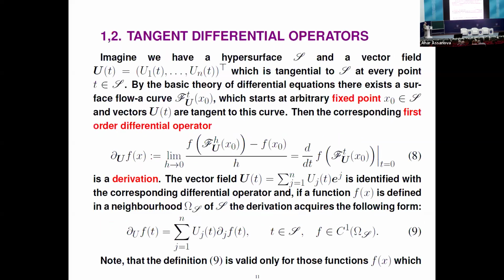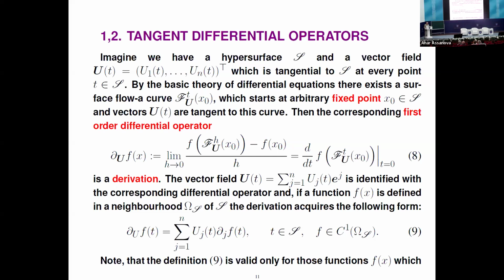Now we come to the topic of tangent differential operators. If we are on this surface, we cannot take derivatives in any direction. It's clear: if a function is defined only on the surface, you cannot take the increment of the argument in any direction. You can take it only along the surface. So on the surface the coordinate derivatives don't work. What works there are the tangent derivatives.